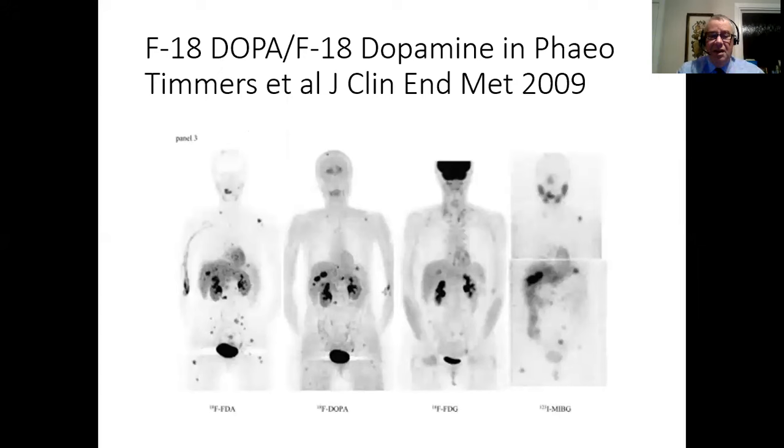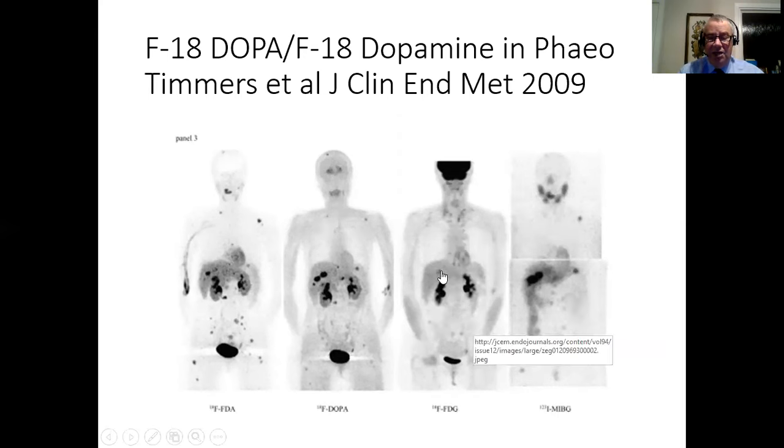This is an image that was published in an endocrine journal paper, and it shows a patient with a malignant pheochromocytoma, so it's not a carcinoid. There's an MIBG study that shows uptake in the liver.